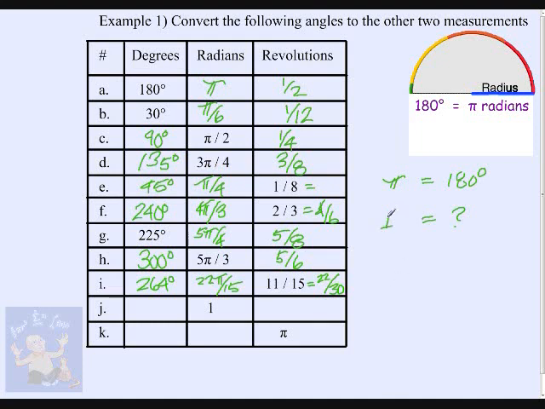1 radian. Well, let's look at this as a number. Usually we don't use the decimal, but 3.1416.